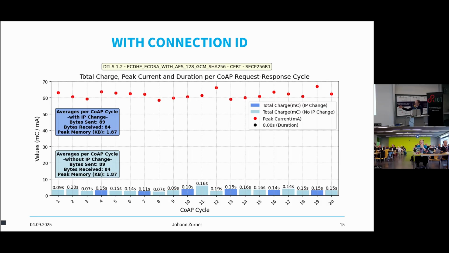So the first one on the very left, you see it's about 90 milliseconds. The next one was somewhat more. And in the dark blue bars, you see that there was an IP address change in between, and connection ID was actually used, and the server verified it, and there was no handshake that had to take place.